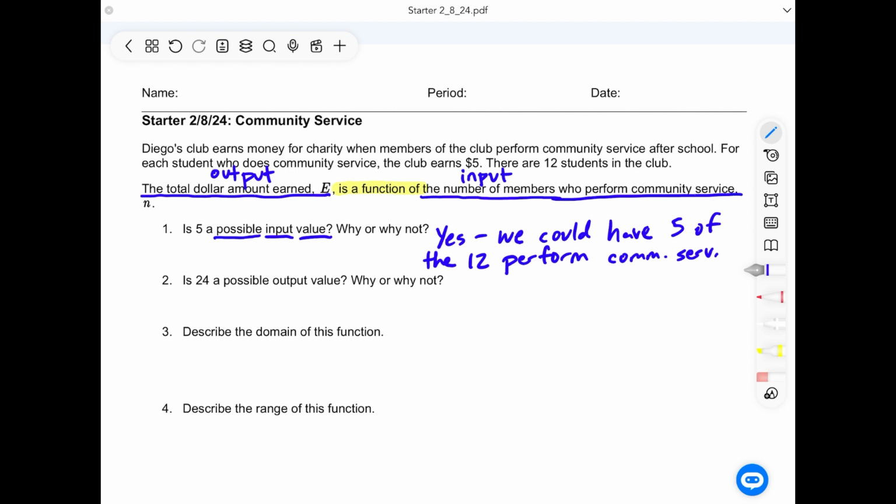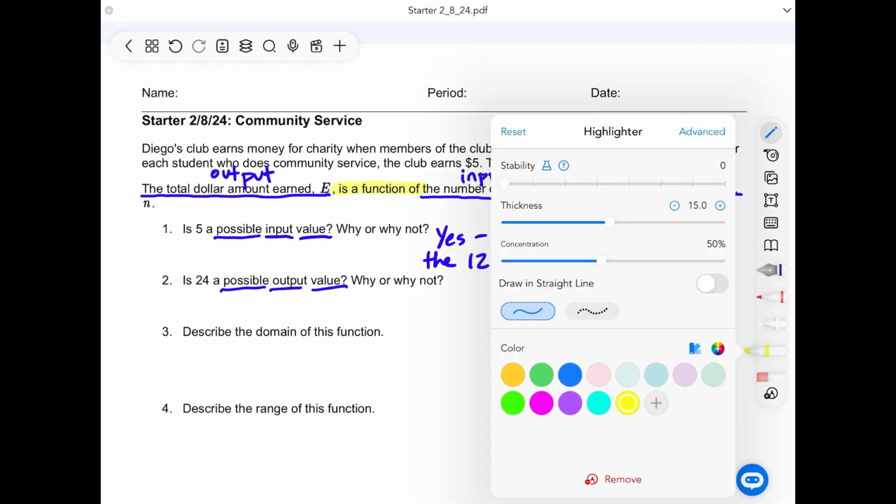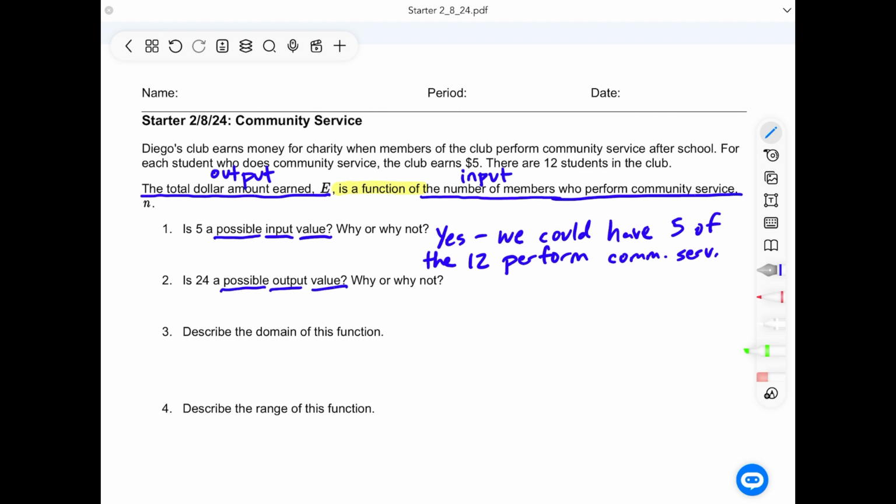Now let's take a look at the second problem. Is 24 a possible output value? Well, if we think about this, each student who does community service earns $5. Let me go highlight this other phrase, right? Each student who does community service earns $5 for the club. And remember the total dollar amount earned?